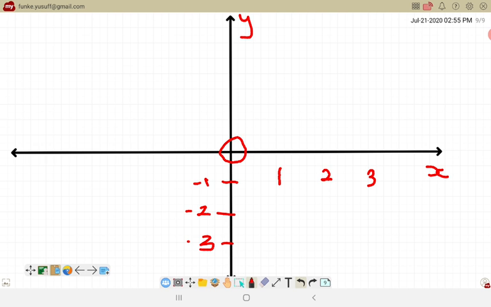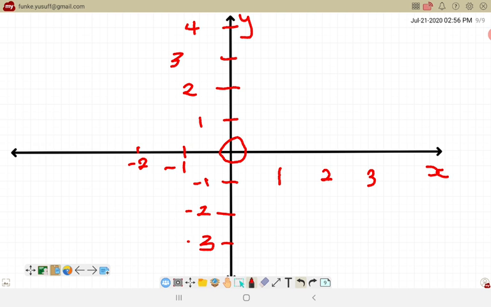This is also 1, 2, 3, 4. And for the x-axis, we have minus 1, 1, 2, 3, minus 2, and so forth. So now, remember our ordered pairs.